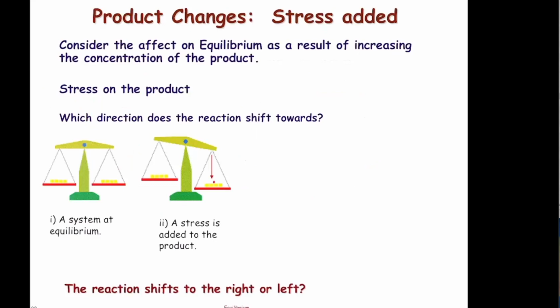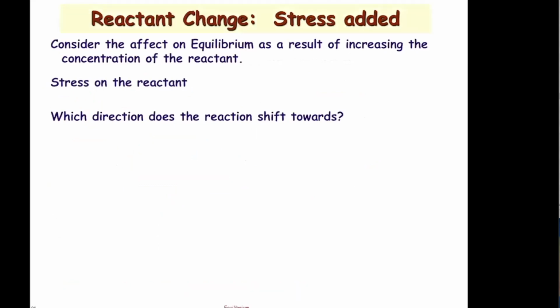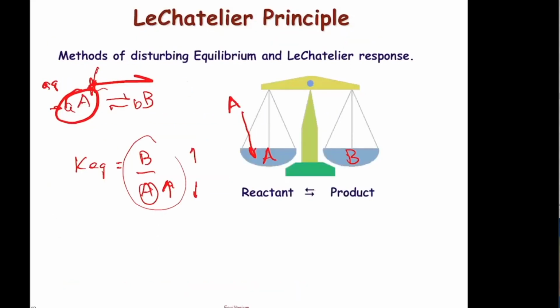It's going to upset the equilibrium because now that we've loaded up that side, this is what the scale will do. It'll tip over to that side, make that side heavier, and make this side lighter. The A side will get tilted down because there's more there. You're not at equilibrium anymore because you've upset the system.